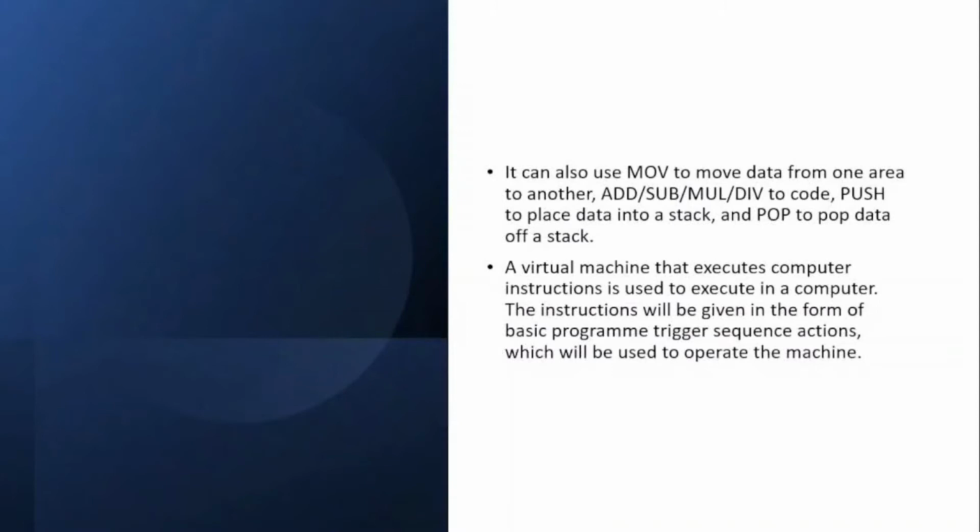A virtual machine that executes computer instructions is used to execute in a computer. The instructions will be given in the form of a basic program, triggering sequence actions, which will be used to operate the machine.